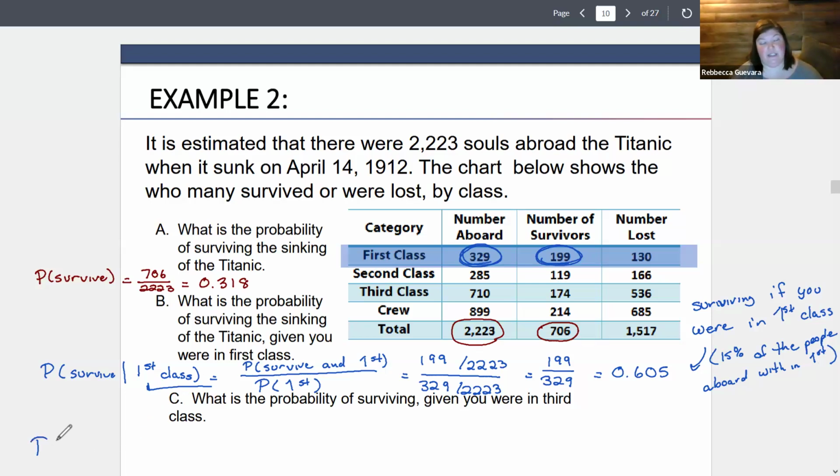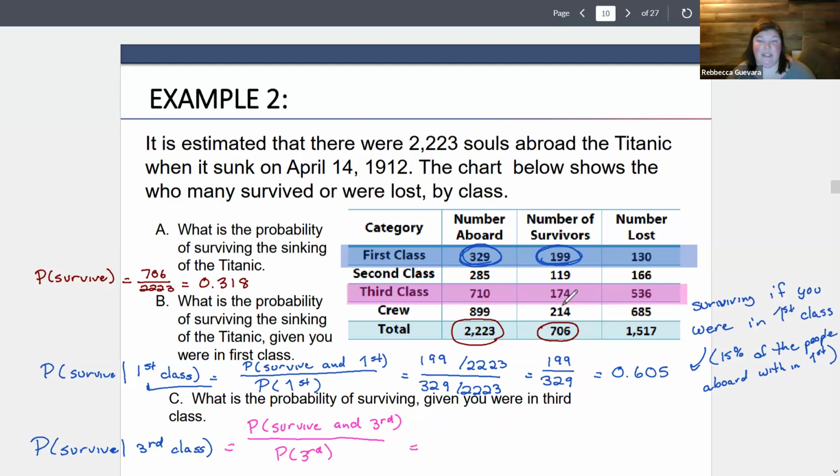Now, if we do third class, the probability of surviving given you're in third class, let me change my color here a little bit. Let's do pink. We're really just looking at this part here, because this is the probability of surviving and being in third class. And remember, because third class is the given, this is over third class.